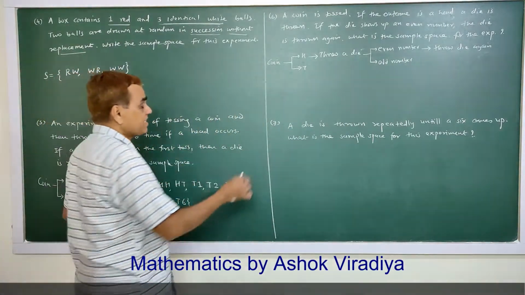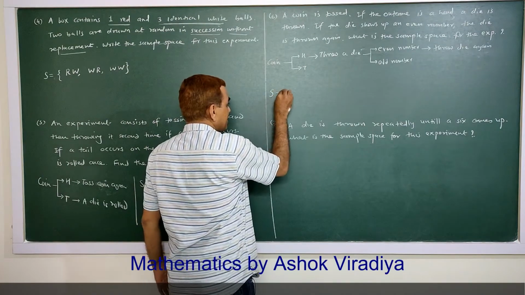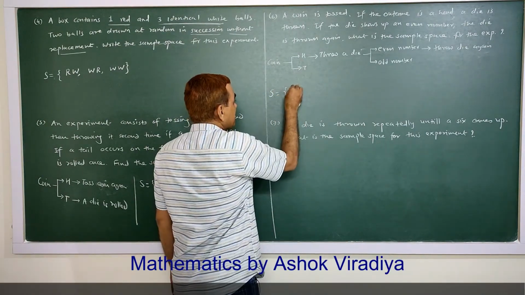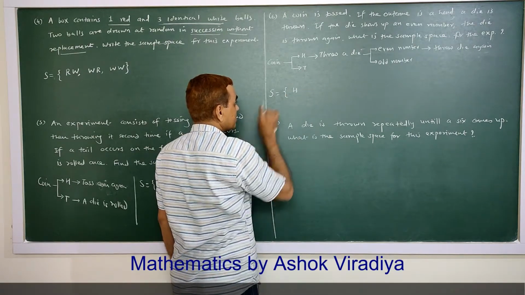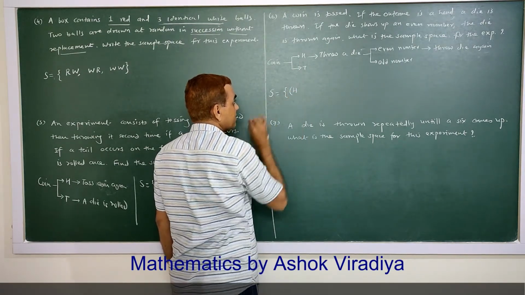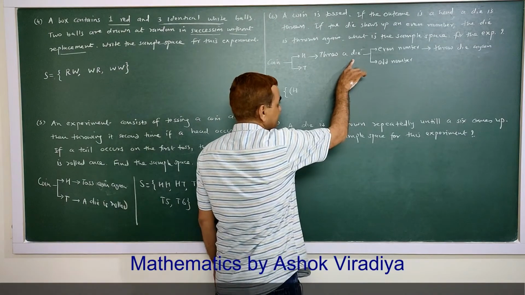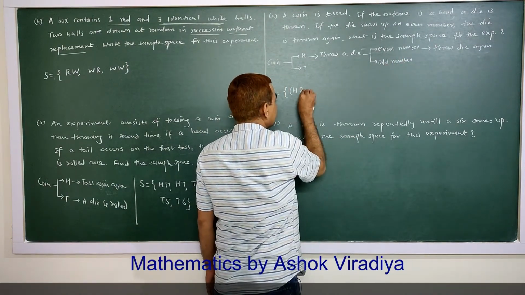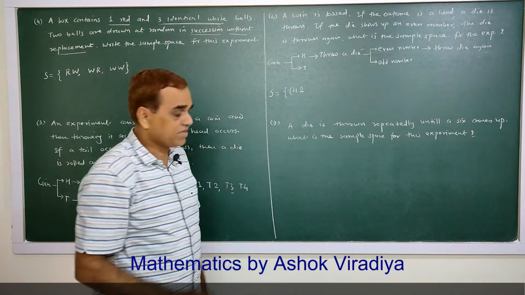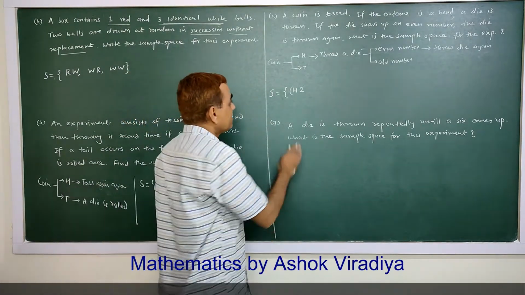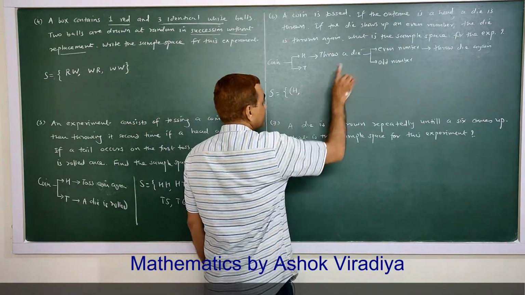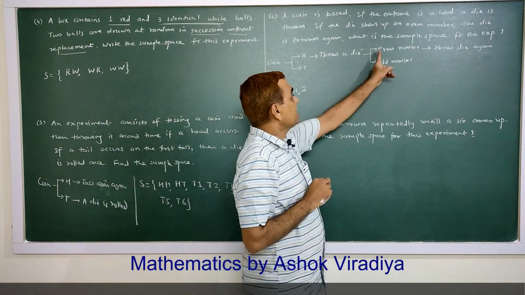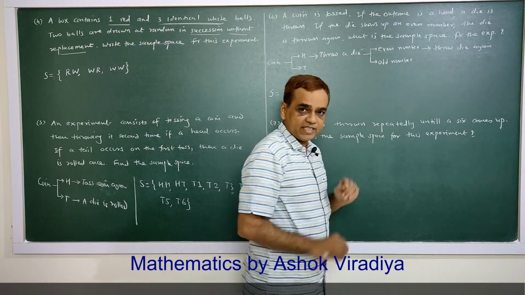So the sample space is, when H appears, if H appears, then throw a die. If an even number appears with H, if 2 appears, suppose here I put 2, H2, then throw a die.